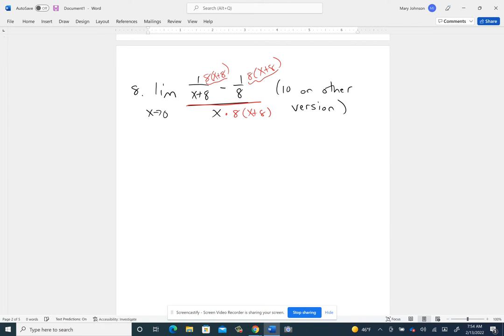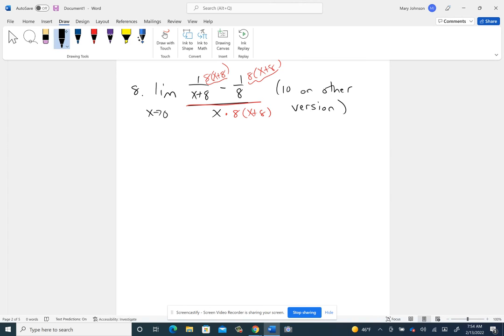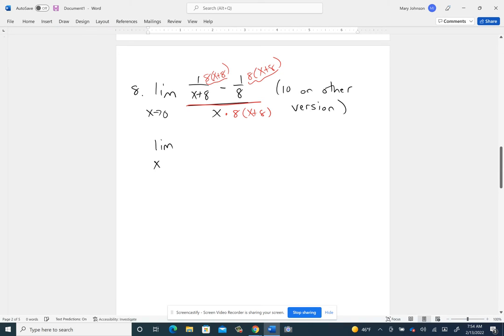Okay, so we're multiplying the top and the bottom of the fraction by 8 times x plus 8.